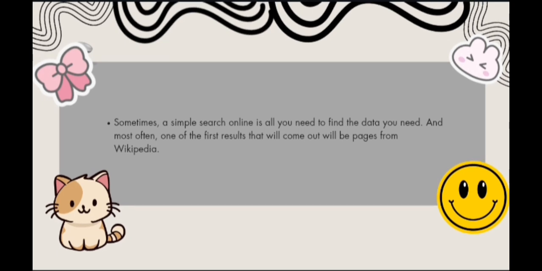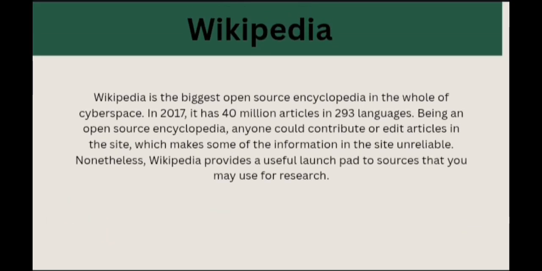Sometimes a simple search online is all you need to find the data that you need. And most often, one of the first results that will come out will be pages from Wikipedia. Wikipedia is the biggest open source encyclopedia in the whole of cyberspace.